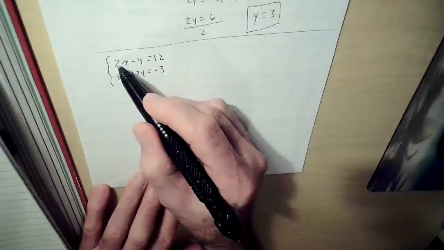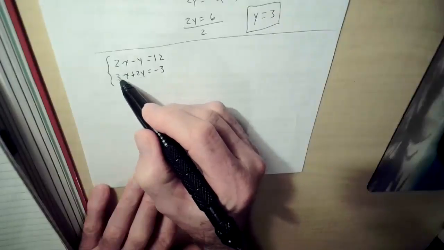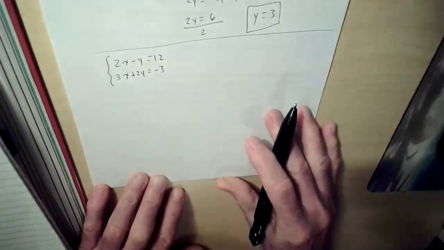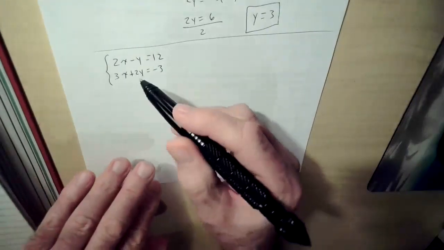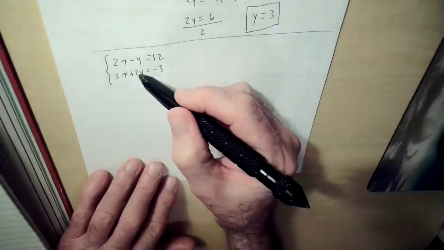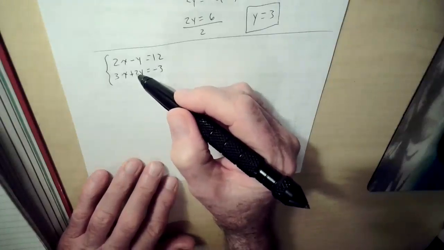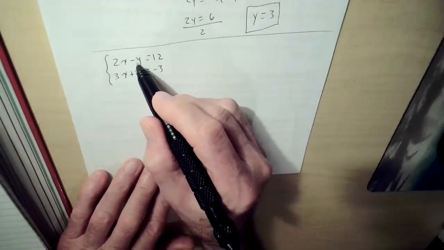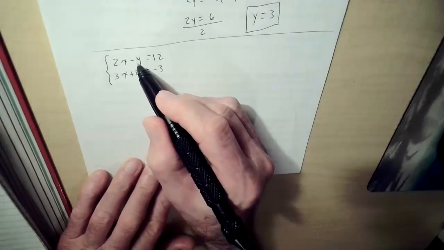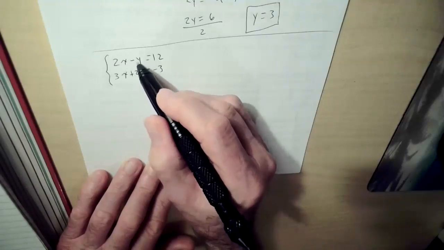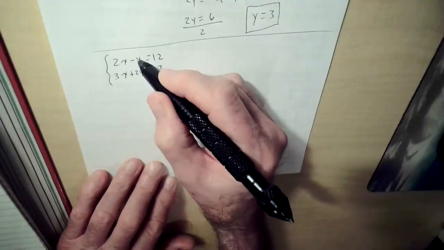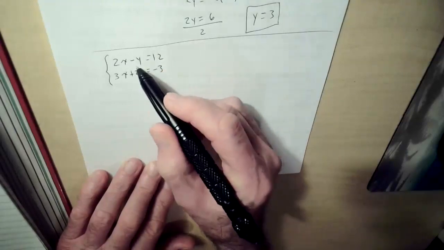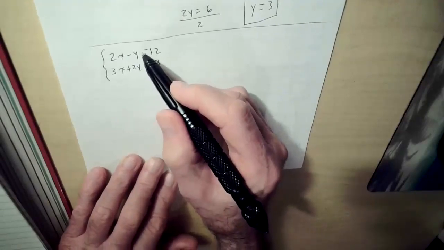The easiest thing to do here, because 2 is not a factor of 3. We'll talk about factors more next week. 1 is a factor of 2. So what can we do? What do we want this to equal? We want this to equal negative 2y, because when we add them together, negative 2y plus 2y would be 0.